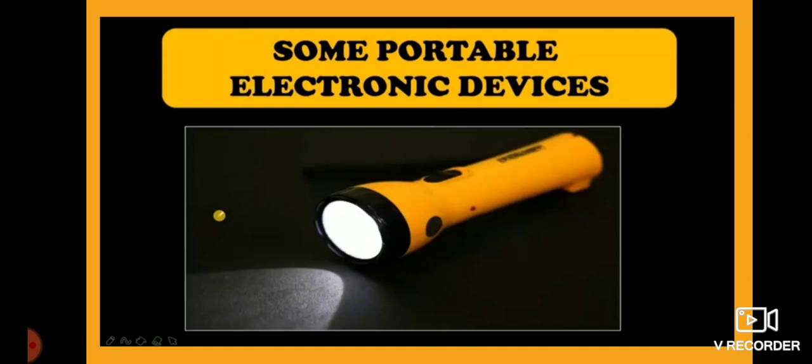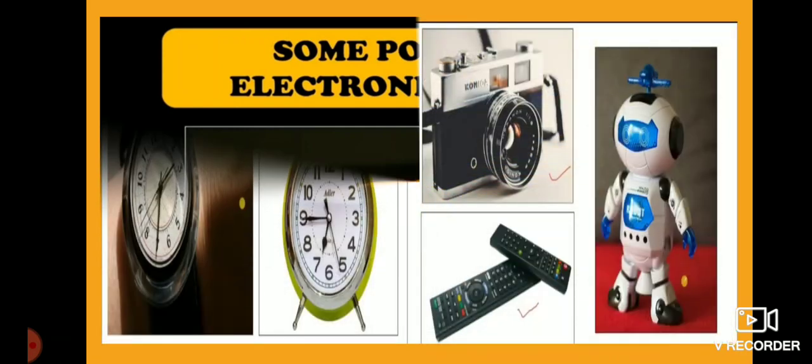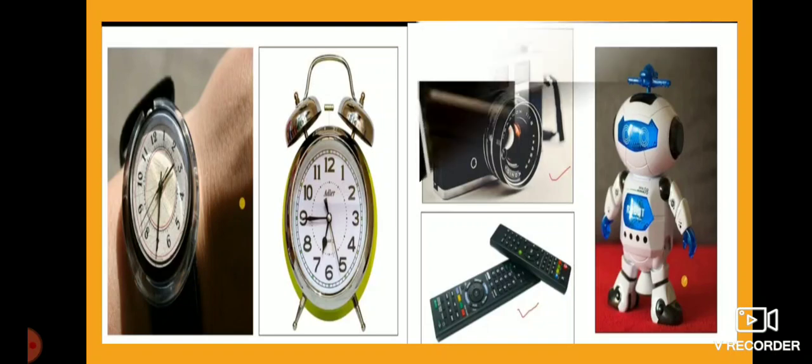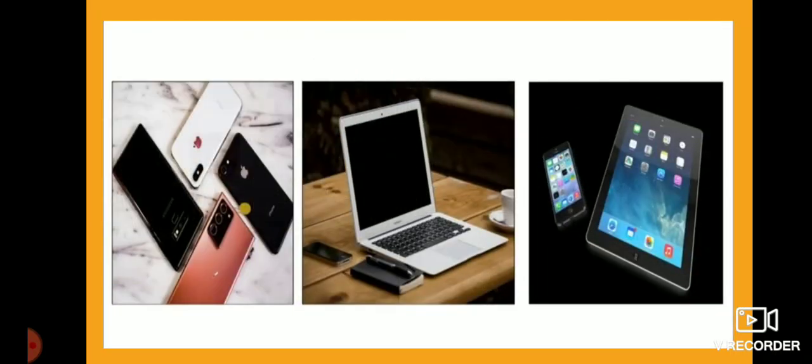Then we can see some portable electronic devices: wristwatch, alarm, camera, remote, your toys, our phone, laptop, tablet. How do these all work? Do they need continuous electric supply all the time?